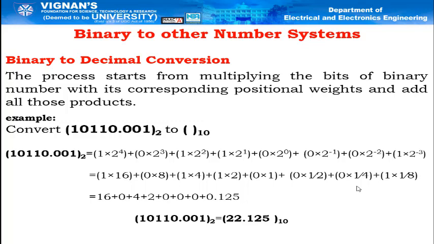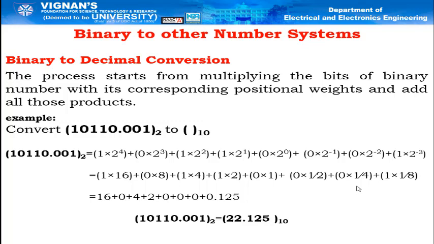2 power 1 is 2, and 2 into 1 is 2. Next, the weight is 2 square, multiplying with the bit value of 1, so we get 4. The third position is 2 cube, which is 8, with bit value 0, so we get 0.